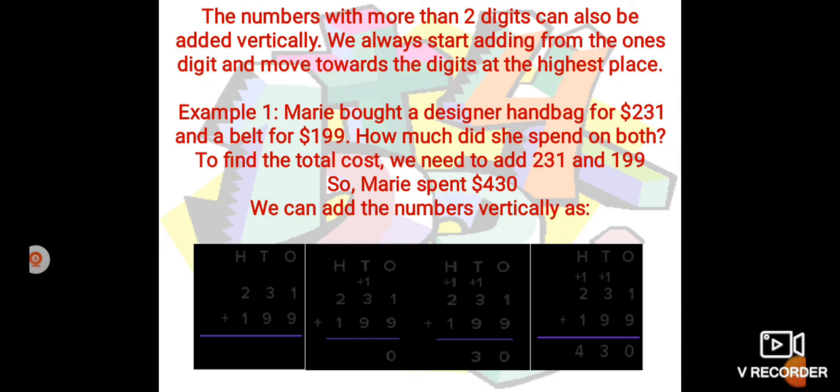Then we will write the digits of the numbers vertically. The cost of the handbag is $231 and the cost of the belt is $199. We will add them vertically.